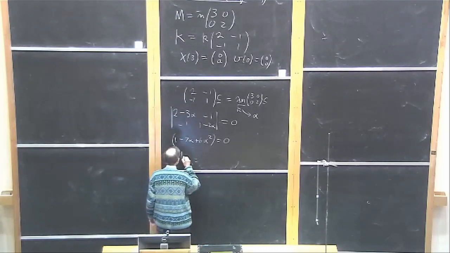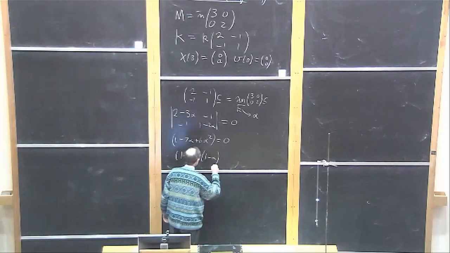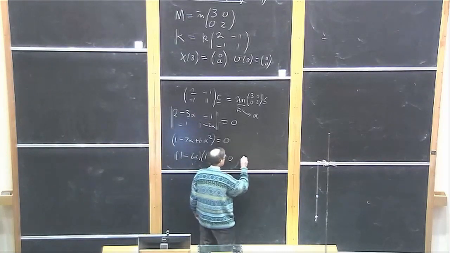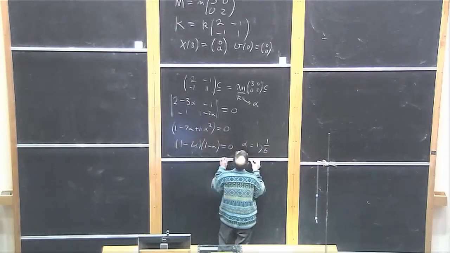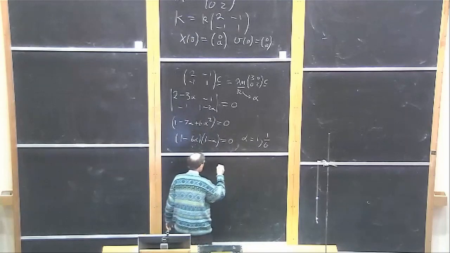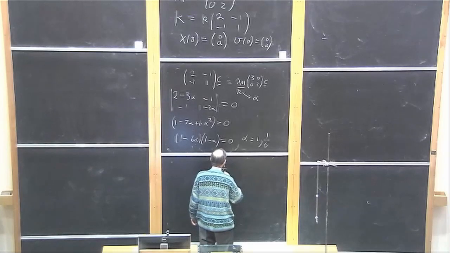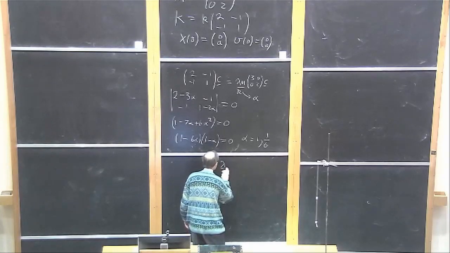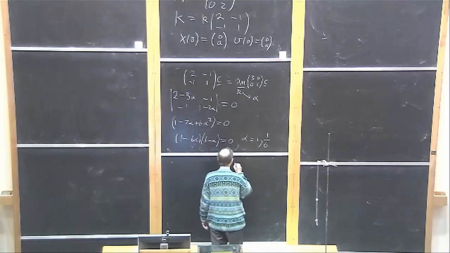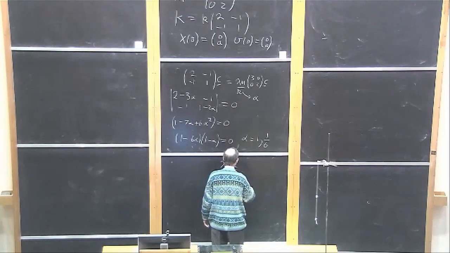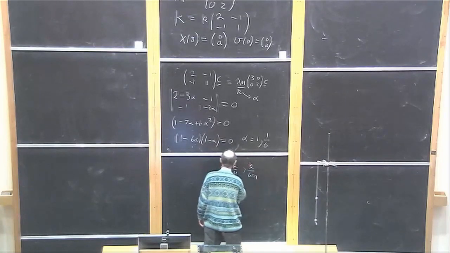So that is now (1 minus 6 alpha)(1 minus alpha) equals 0, and so alpha equals 1 or 1/6. And so lambda is k over m and k over 6m. Okay?